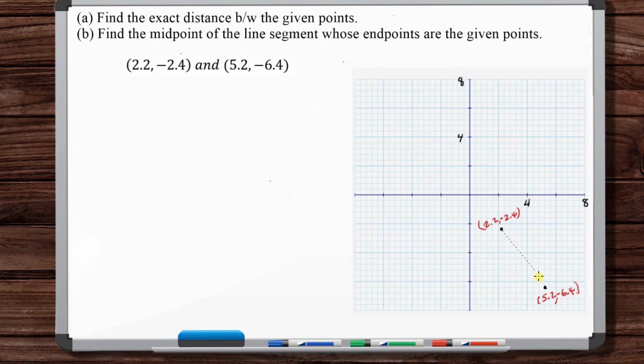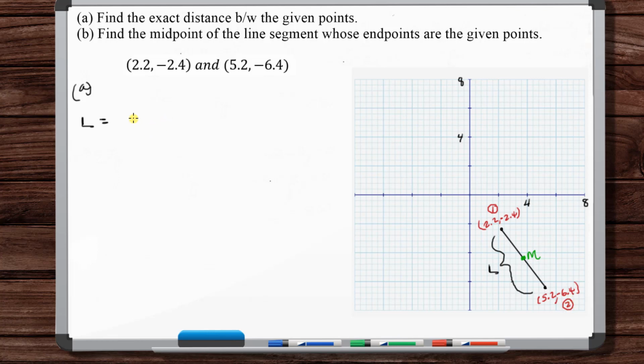Okay, we want to find the length of this line and the coordinates of the midpoint. Okay, so part A, we want to find L. Let's call this point 1 and this point 2.